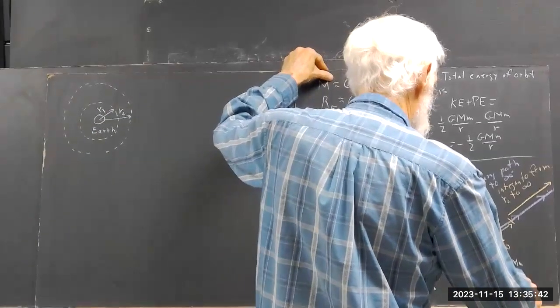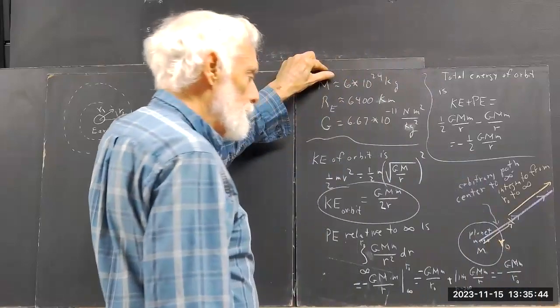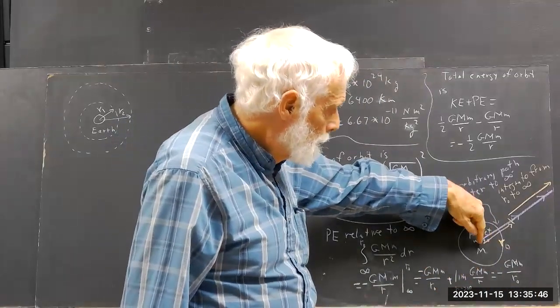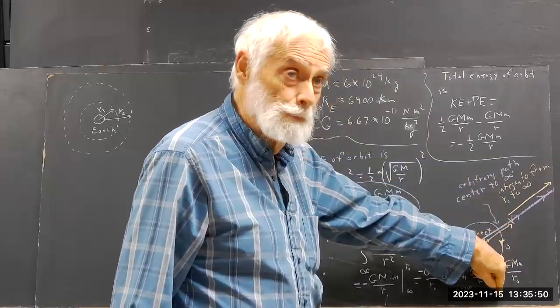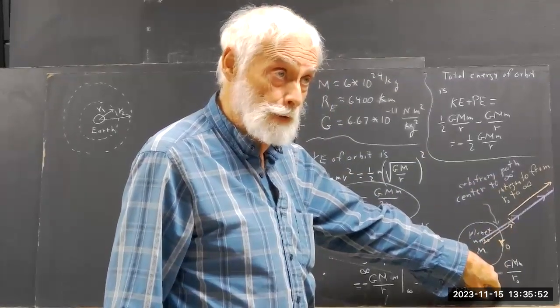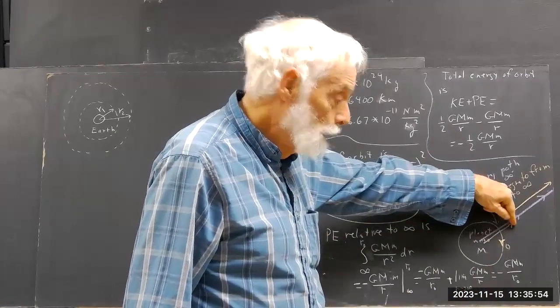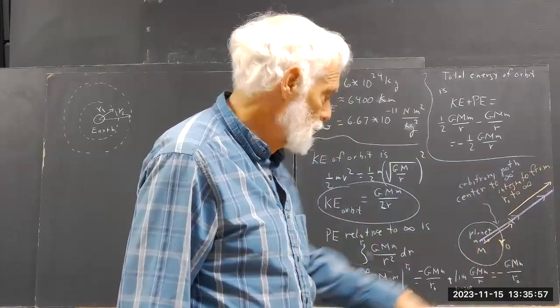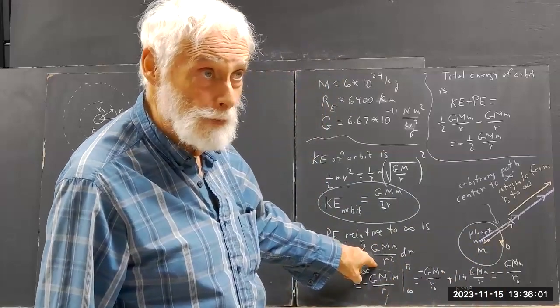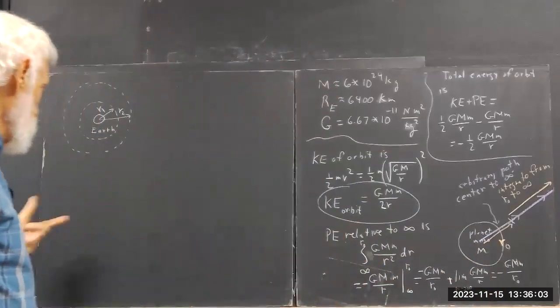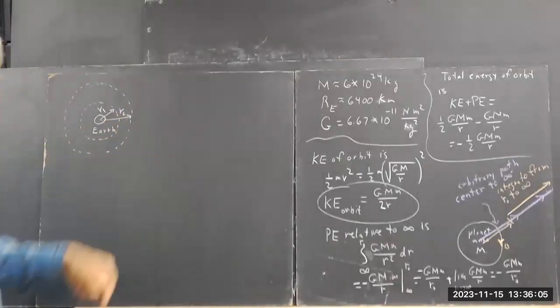This is over R naught. If your orbit is at distance R naught, there's its potential energy relative to infinity. So if this distance is now R instead of R naught, we have this. I want to distinguish R naught from our variable of integration. I don't want to use a dummy variable.